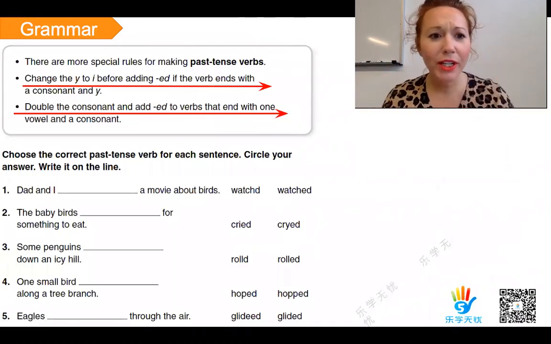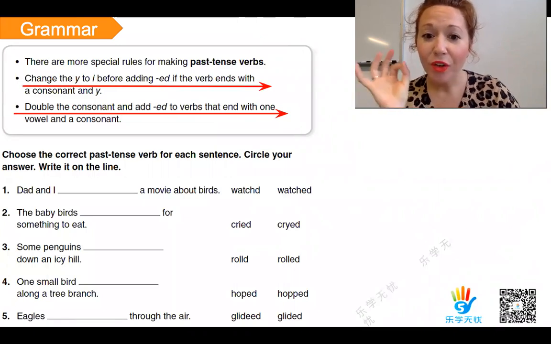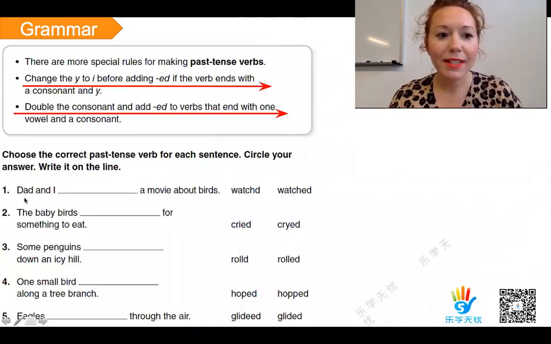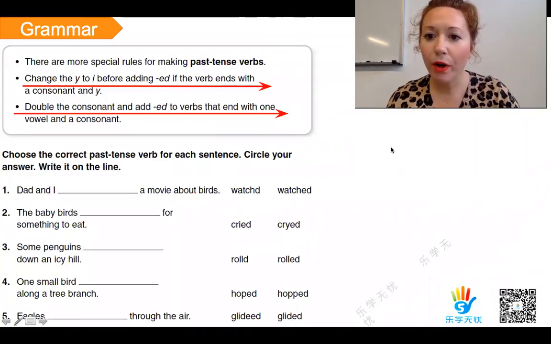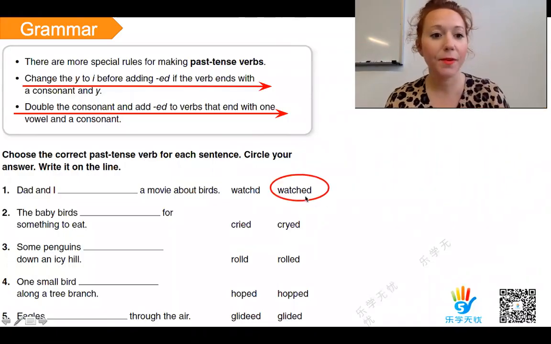So here's what we're going to do, okay? We need to circle the correct answer. Number 1 says, Dad and I watched a movie about birds. Which one is correct? Yes, we want to have ed is correct.